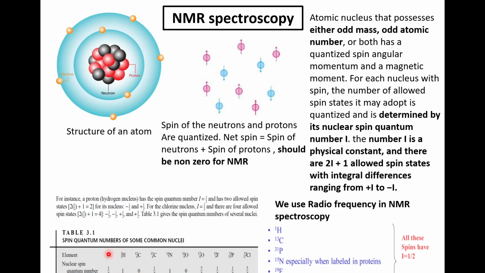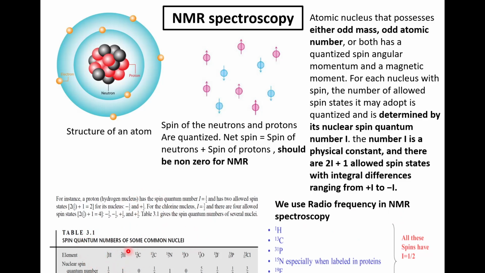We can take the example of the proton. The I value of the proton is half. If you take 2 multiplied by half plus 1, that is 2. So two spin states are present for the proton, from plus I to minus I, that is plus half and minus half. Those two are the spin states of your proton.